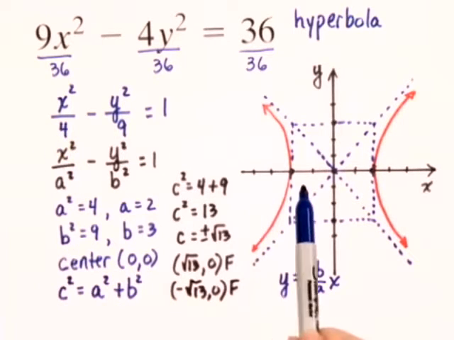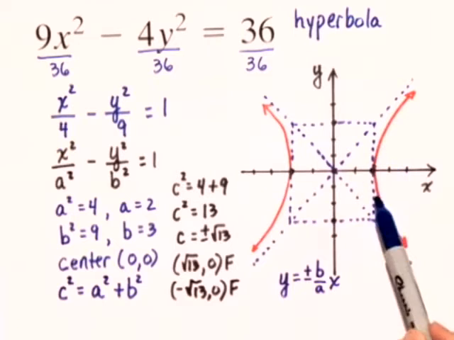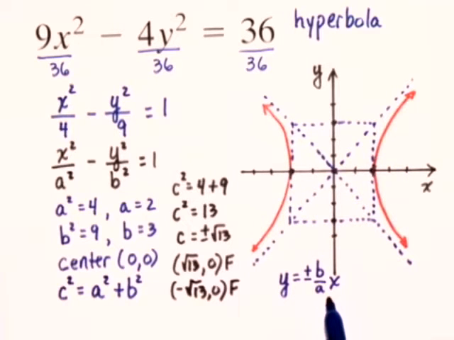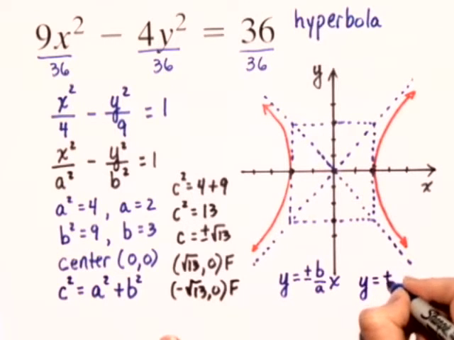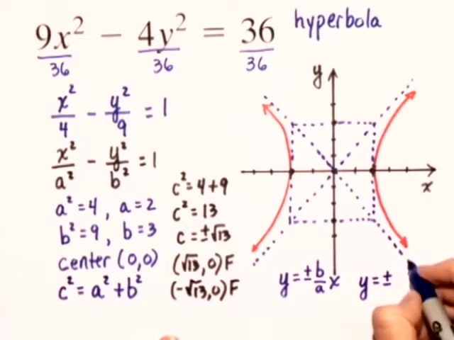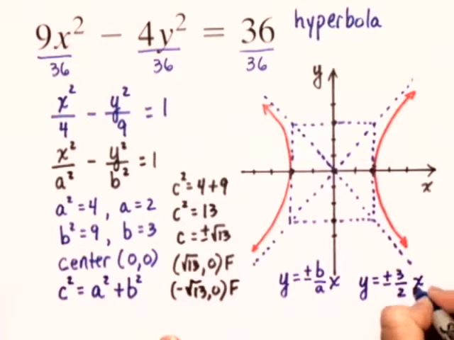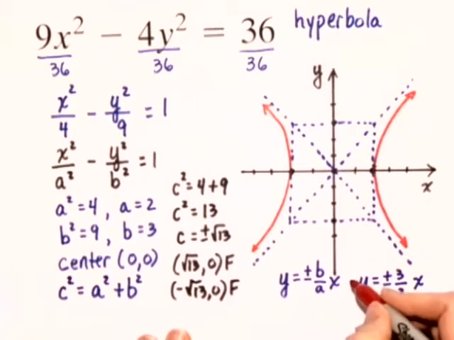In other words, when the branches of the hyperbola cross through the x-axis, this is the equation that we use. So in our case, we have y is equal to plus or minus b, which is 3, over a, which is 2, x.